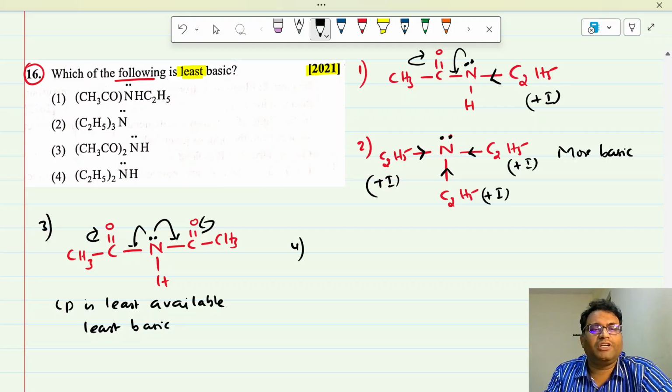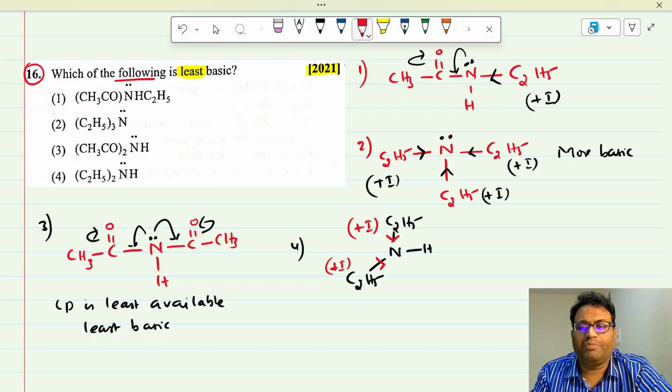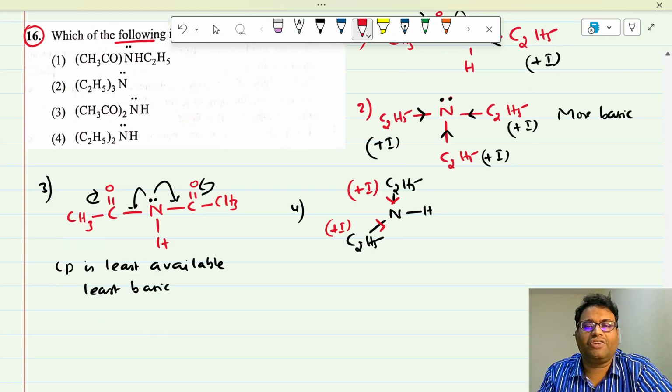Now the fourth option, let us take N, H, C2H5 and C2H5. Now both show plus I. When both show plus I, the electron density on nitrogen increases. The lone pair electron density increases, so it can donate.